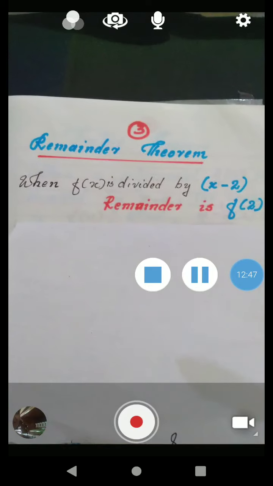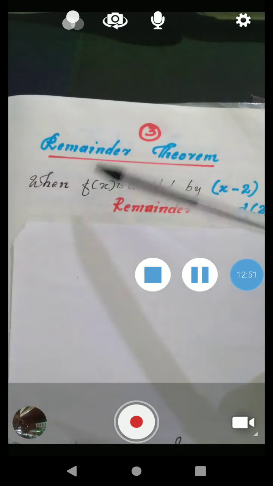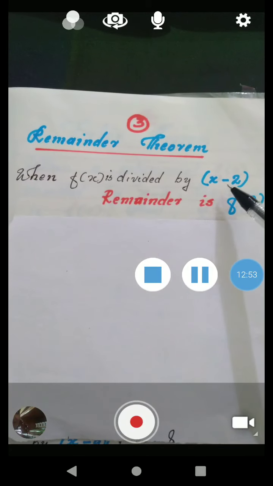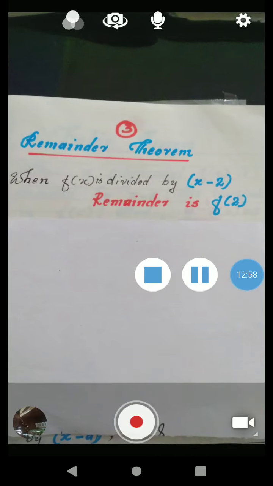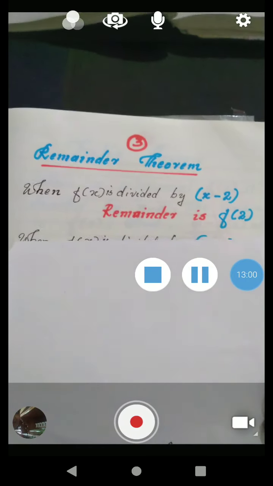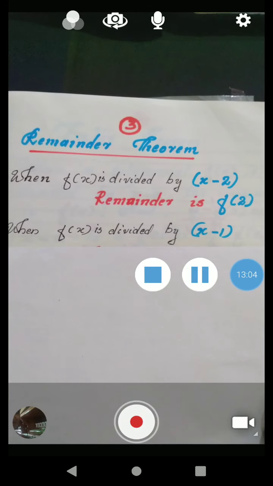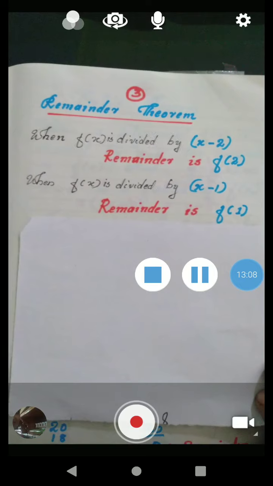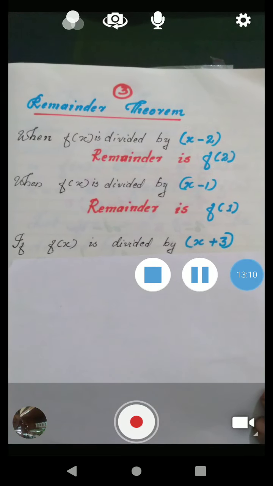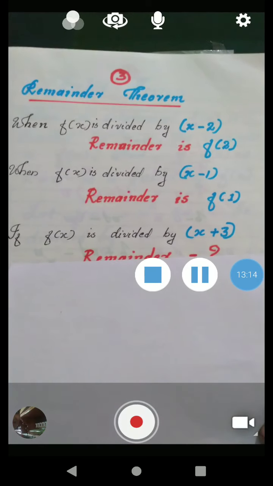Here you can see some more examples. When f(x) is divided by x minus 2, remainder is f of 2. Right? Now, when f(x) is divided by x minus 1, remainder is f of 1. Another one, if f(x) is divided by x plus 3, what is the remainder?